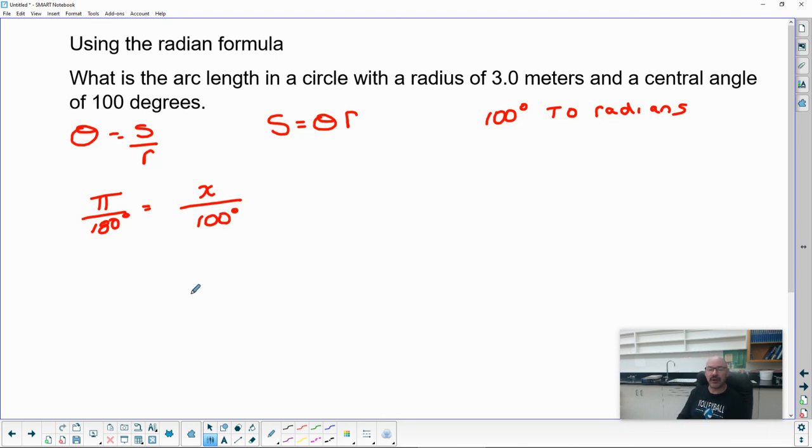This is one where you can do the exact value, or you could do a decimal and it would be fine, because you're going to end up multiplying out to get your S value. I'm going to do an exact value because that's what I'm used to.